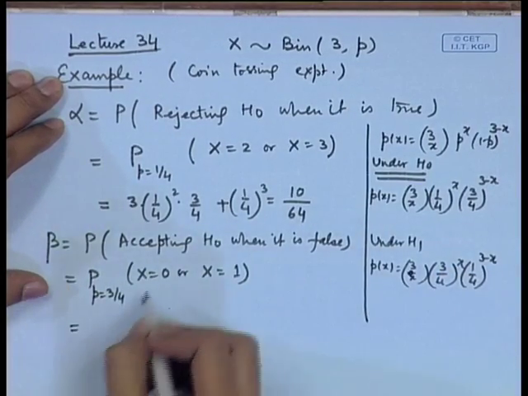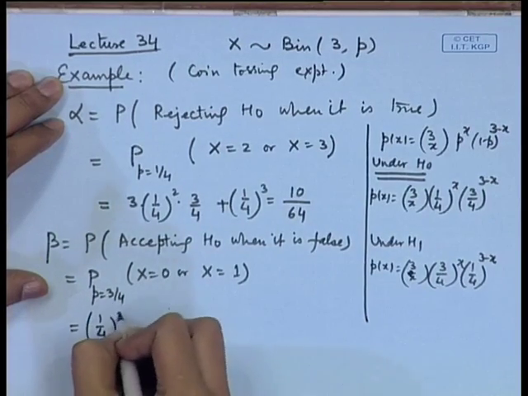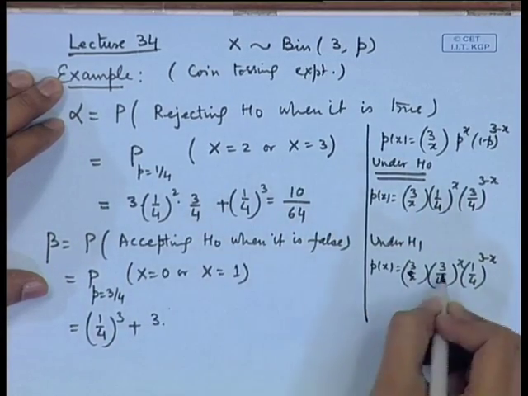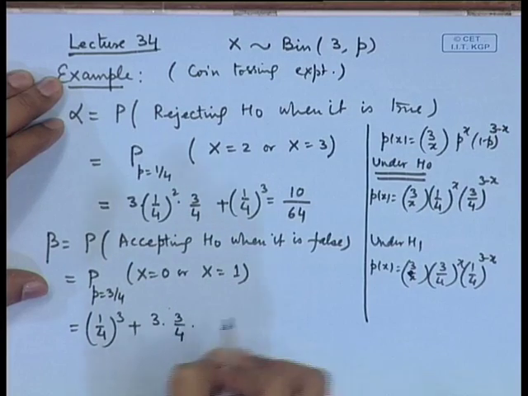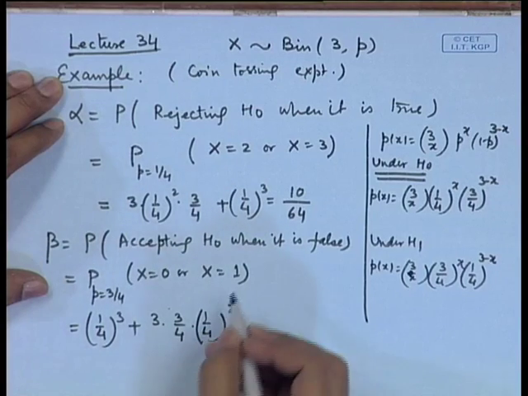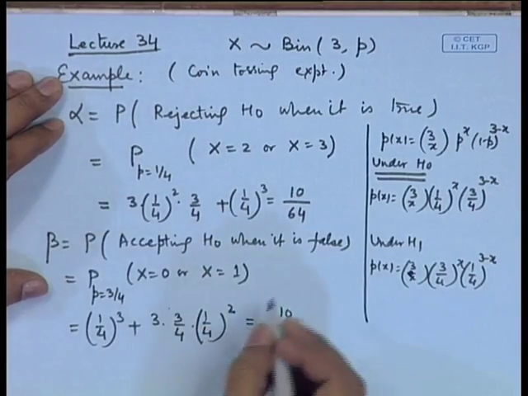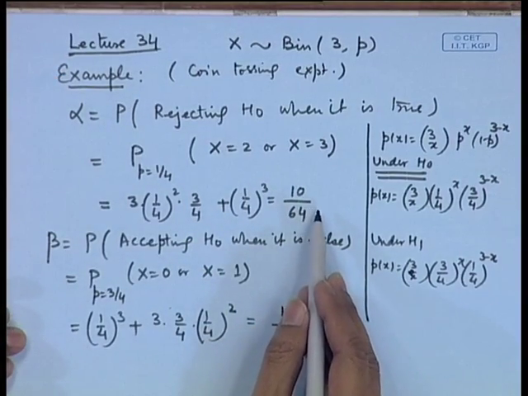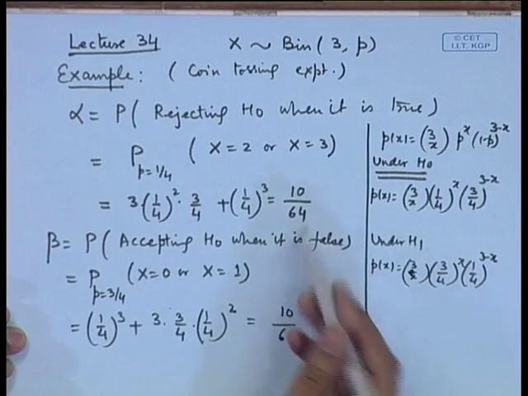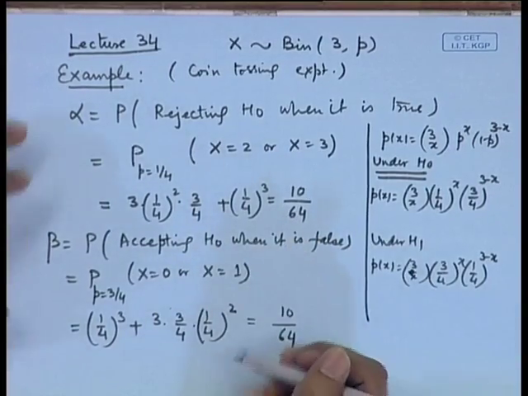So, when x is equal to 0, this value is simply 1 by 4 cube, plus when x equal to 1 it is 3 into 3 by 4 into 1 by 4 square. So, that is equal to 10 by 64. So, in this particular situation you can see alpha is 10 by 64 and beta is equal to 10 by 64.